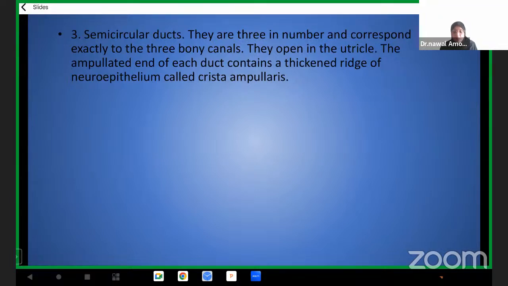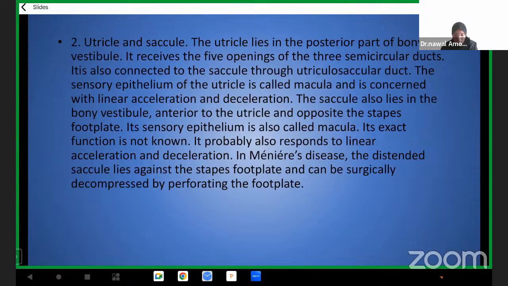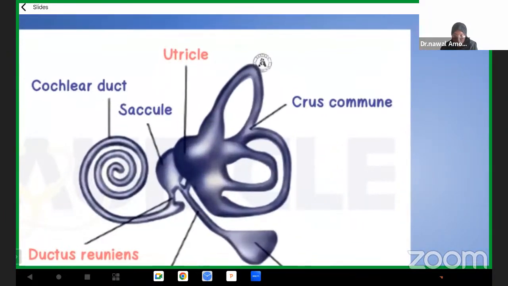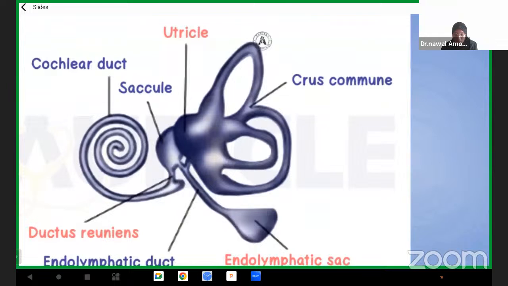Now we have something called semicircular ducts. There are 3 of them and they correspond exactly to the 3 bony canals. They open in the utricle, going back to the diagram again. These are the semicircular canals.